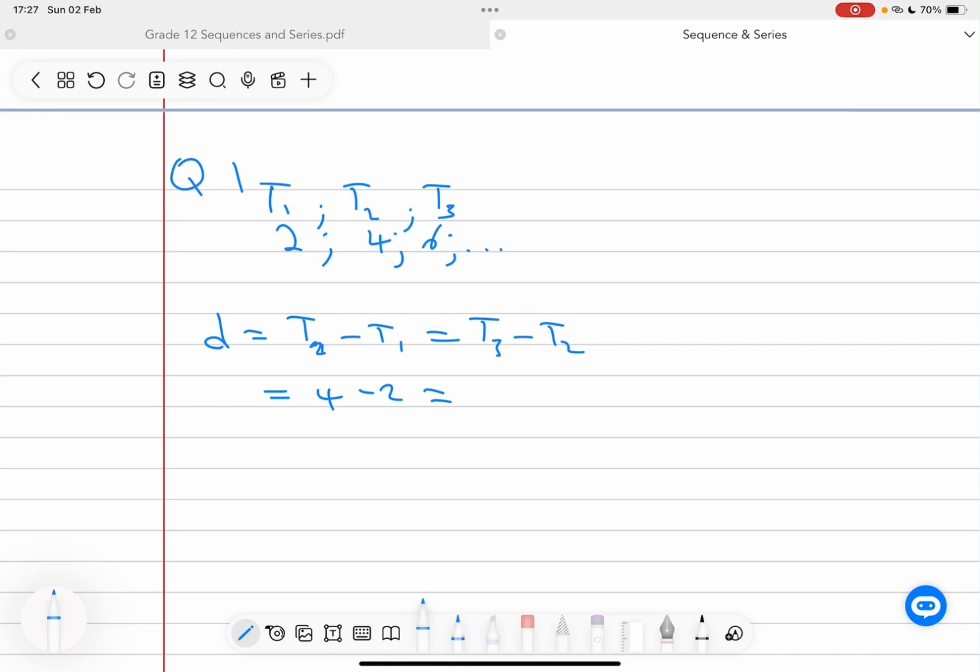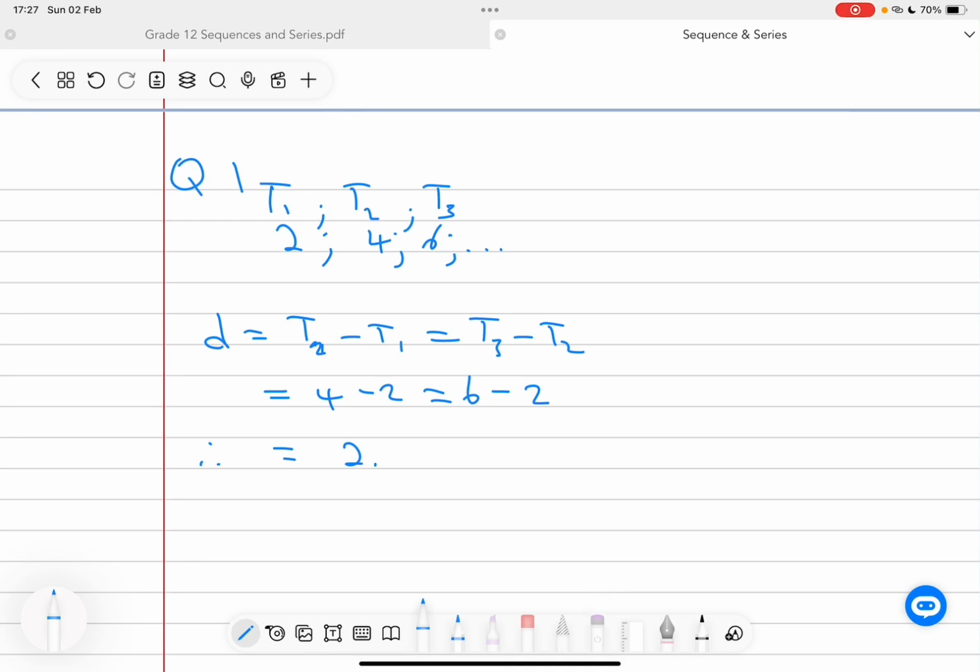And I should get the same number if I say term 3, which is a 6, minus term 2, which is a 4. Both these operations give me a 2, because 4 minus 2 is a 2, and 6 minus 4 is also a 2.